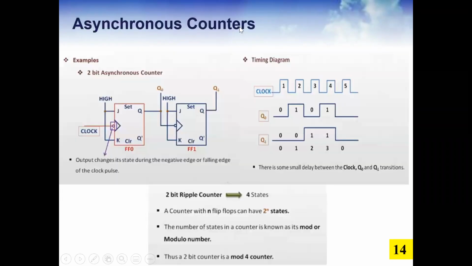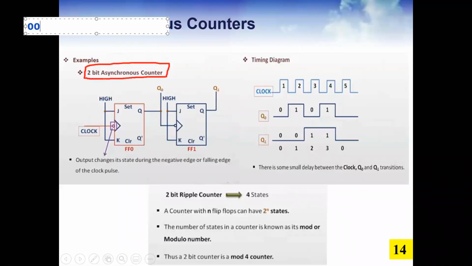As I told you, it has a fixed design method and is easier to design. We are going to discuss a 2-bit ripple counter here. If it is 2-bit, it can count up to 3. First count will be 00, second count will be 01.